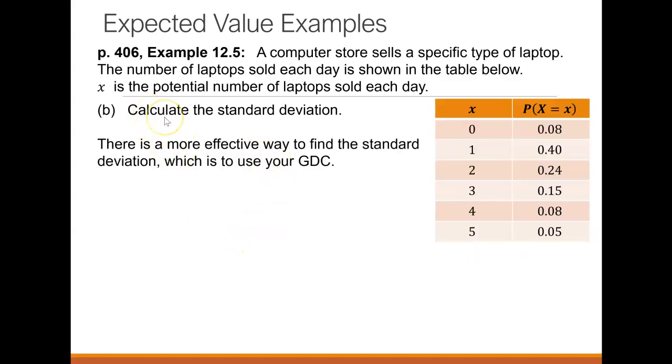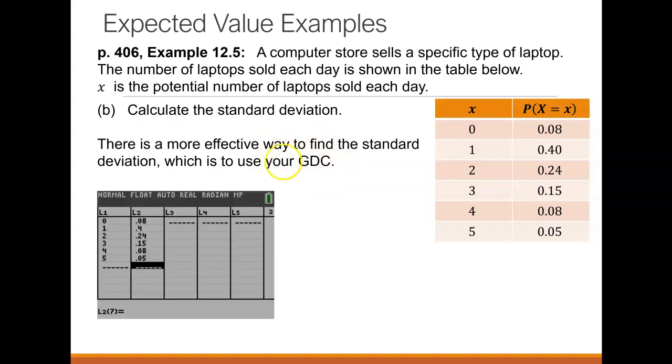Okay. If we want a more effective way of calculating the standard deviation, we can use our calculator and bypass these lists that we've been making. So what I can do is enter my outcomes into L1 and my probabilities into L2.